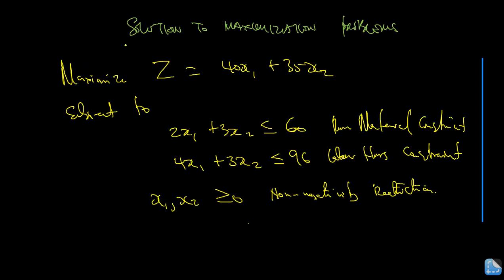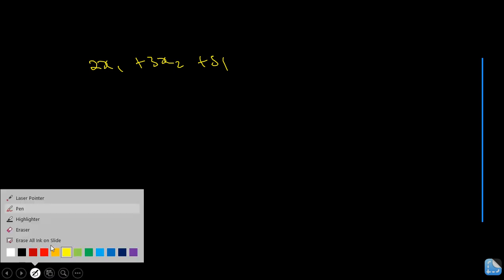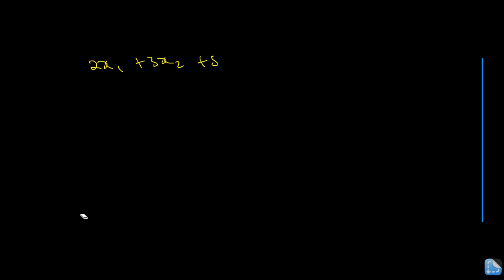It will be 2x1 plus 3x2 plus s1, where the 1 in s1 is a subscript, is equal to 60.